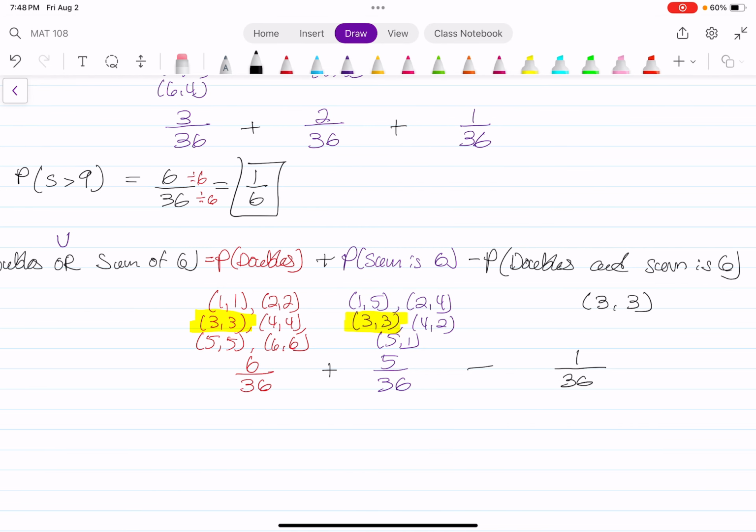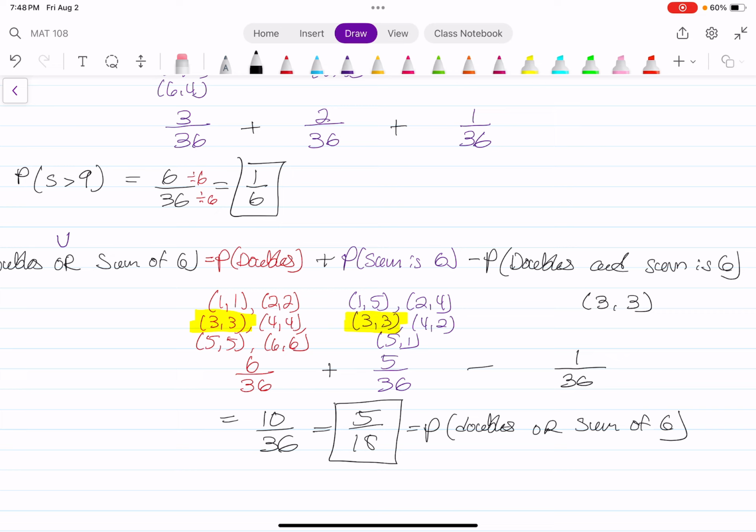Same denominator, add the numerators. That is going to equal 10 over 36, which equals 5/18. And that is the probability of getting doubles or the sum of 6. So we're going to rebox that actually. I want the entire box.